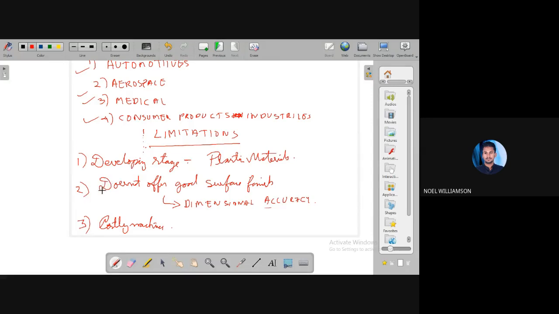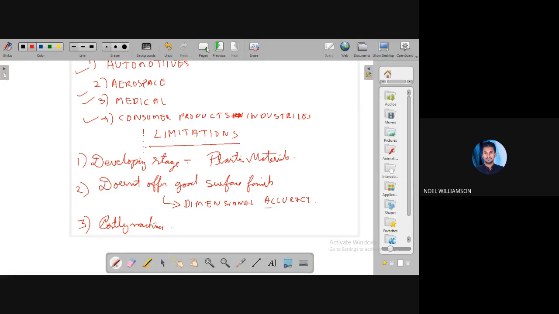Then second, it does not offer any good surface finish, and it may affect the dimensional accuracy. And finally, the machines used for rapid prototyping are very costly. So these are all about the prototypes.